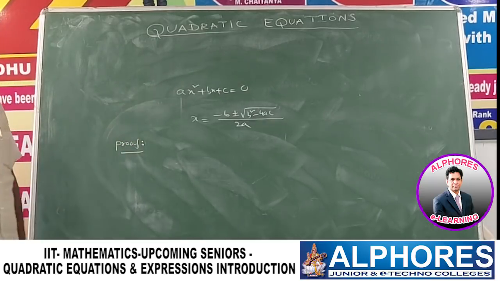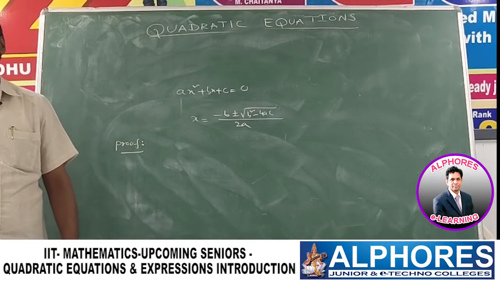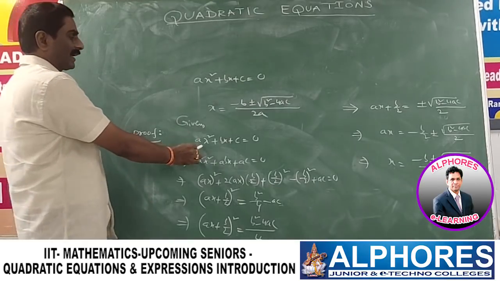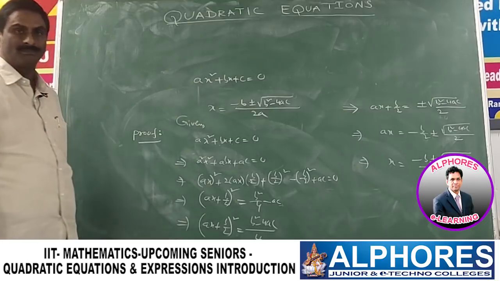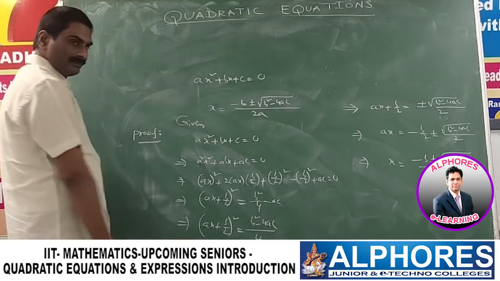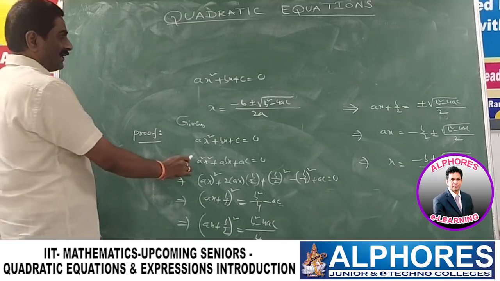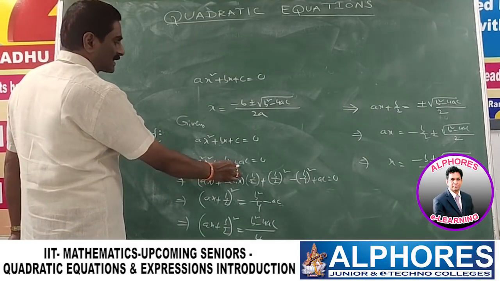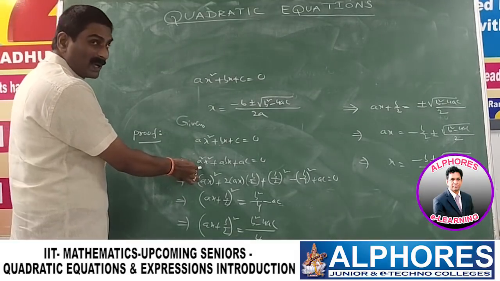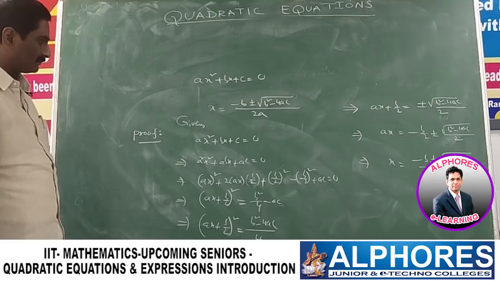Now we can prove these roots. Given quadratic equation is ax square plus bx plus c is equal to 0. Multiplying on both sides with a, we get a square x square plus abx plus ac is equal to 0. Now we convert this equation into a perfect square.